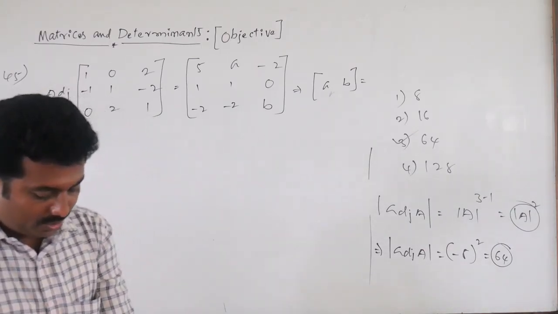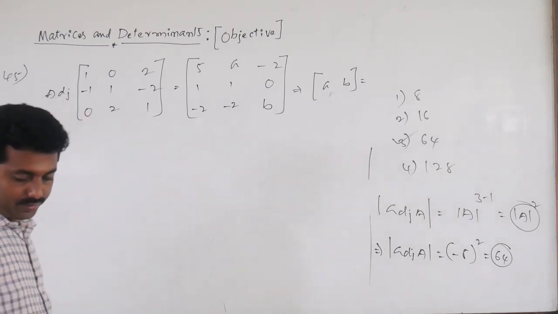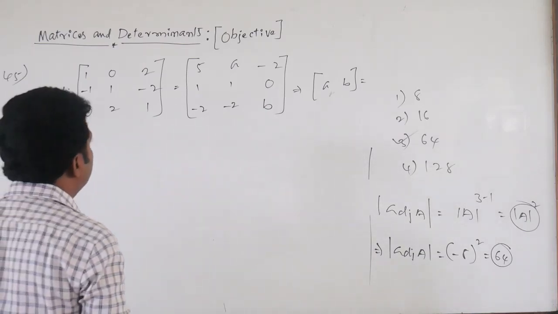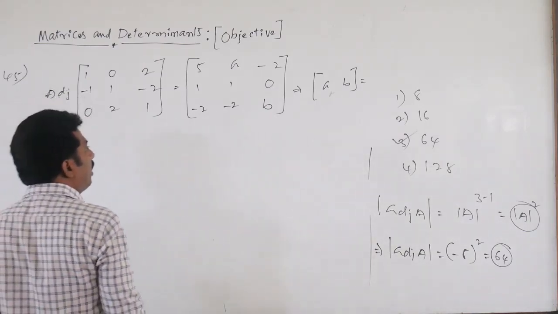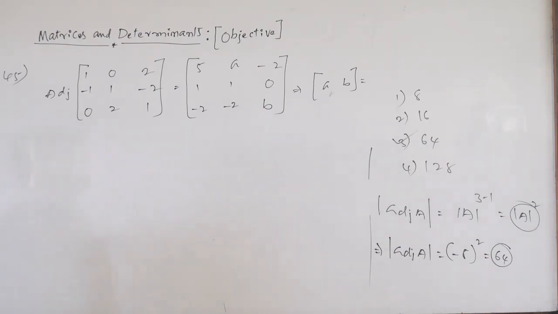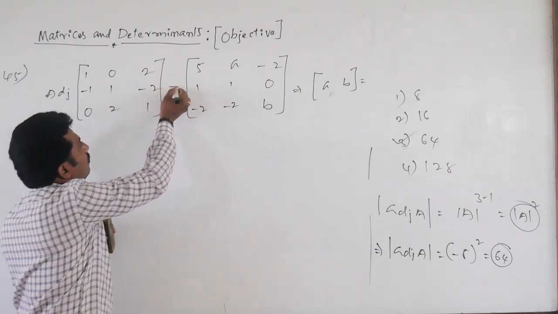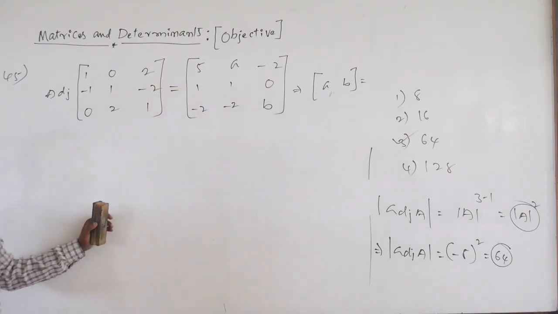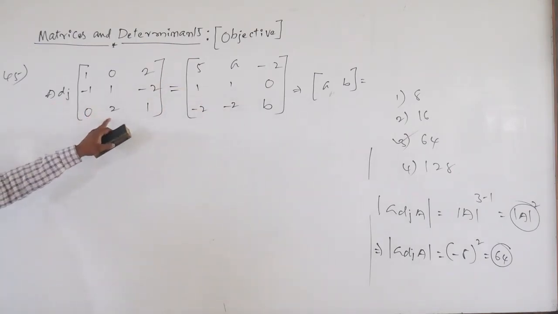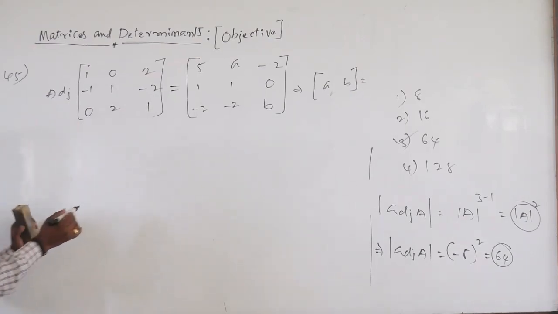If you want to calculate the A value and B value, we have to calculate them. These two matrices are equal matrices. Here the adjoint of A is given. How do we write the adjoint of A?